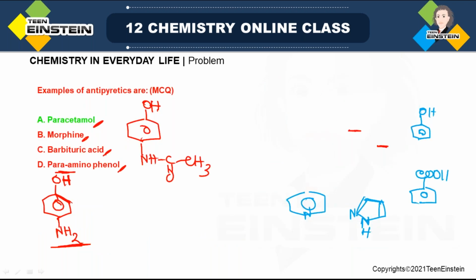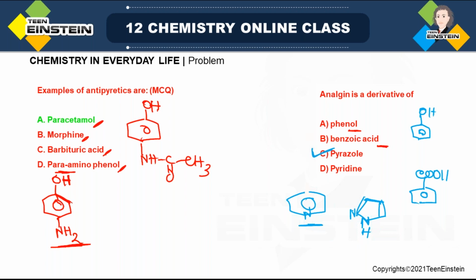So that is why the answer to this question should be option 3. Though it is not directly pyrazole, it is a derivative of pyrazole. There is also a C=O, but you cannot find any similarity with pyridine, benzoic acid, or phenol. It has similarity only with pyrazole. So based on this heterocyclic structure, the correct answer should be option C.